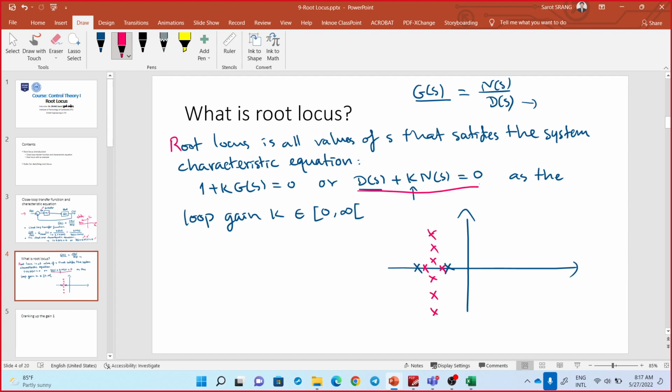So you have sets of poles with respect to the value k taking in this interval. And if you draw the evolution of the poles when k increases, you end up with something like this, and this is called the Locus.